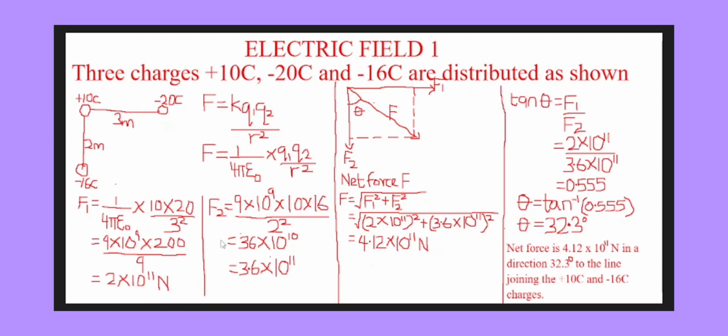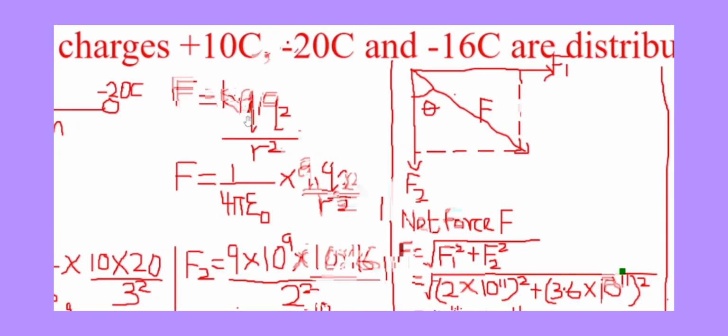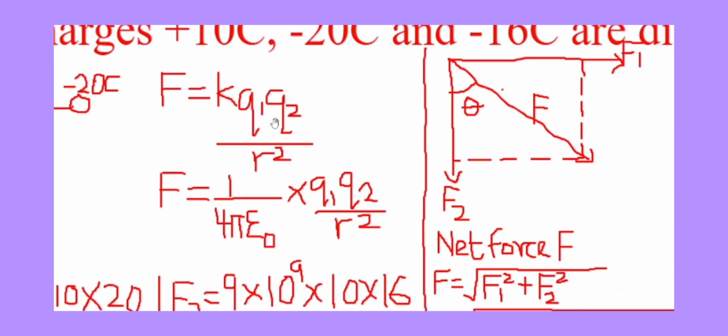The second thing we are to do is to get the force between the 10 Coulomb charge and the 16 Coulomb charge. We use the same formula given to us by Coulomb's law, which is K Q1 Q2 all over R squared.